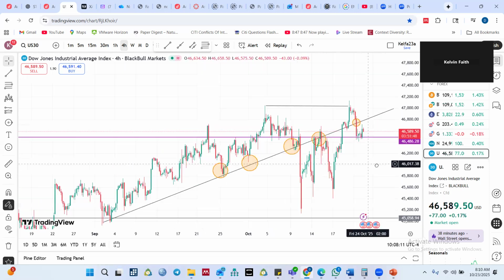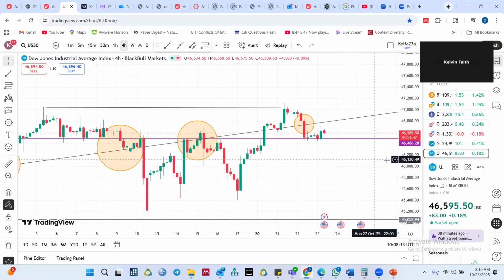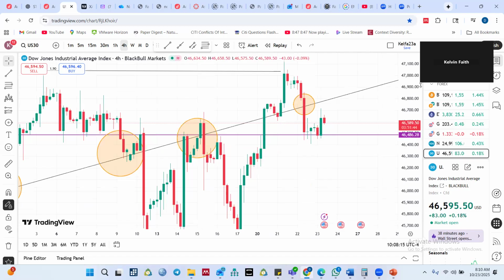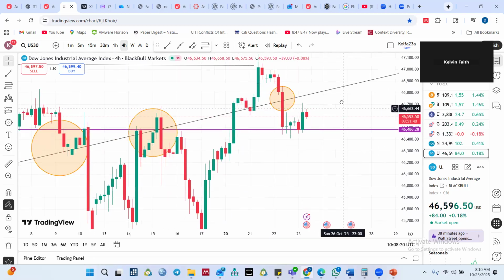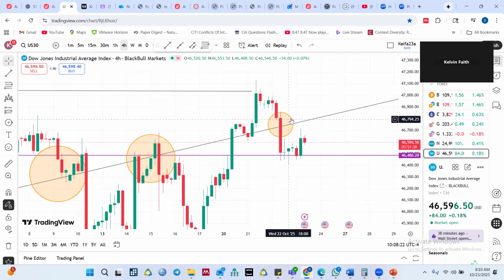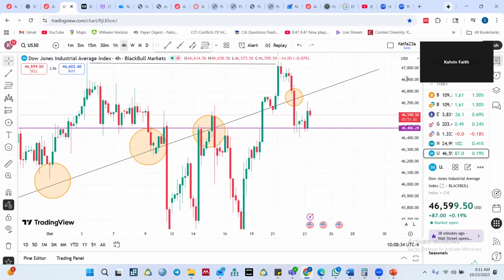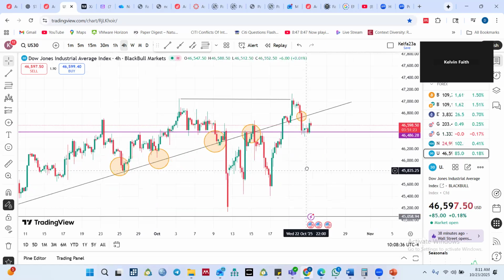So with that said, what is going to make this sell setup very strong is if we are below this head and shoulders trend line and we are also below the PSR, the main precision support resistance. Then we are going to have a stronger sell impulse.